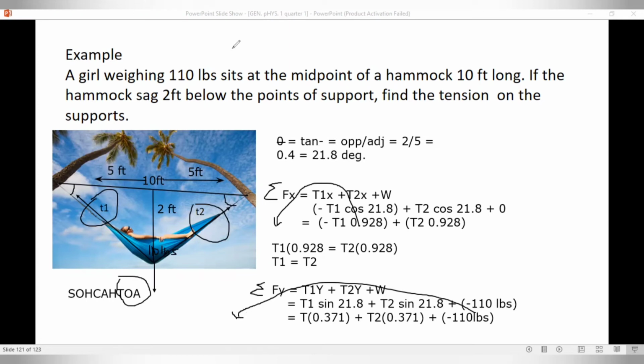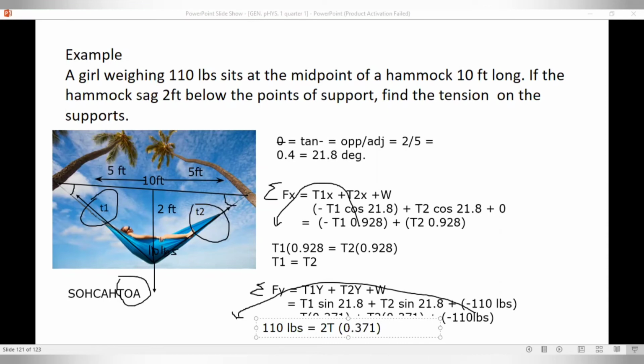So, this will become now 110 pounds is equal to, since parehas lang yung ating T1 and T2, so let's say here 2T times 0.371. Okay?